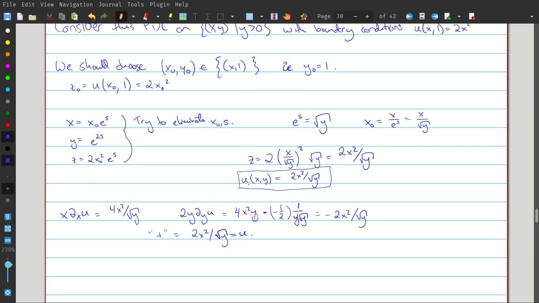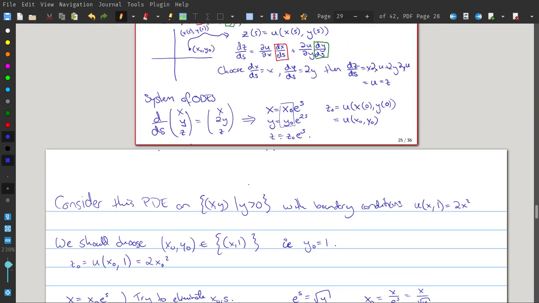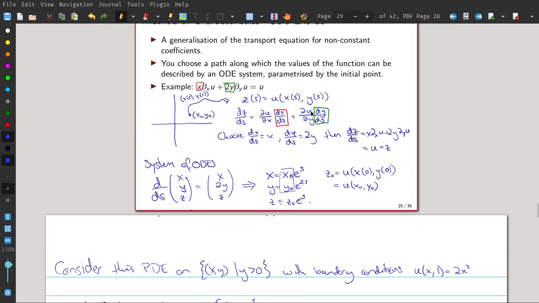Okay, so that's an example. Let's just recall the steps there. In the first step, you just consider the PDE and you rewrite it into this form of a system of ODEs, and the parameterized curves that you get from this are known as characteristics.